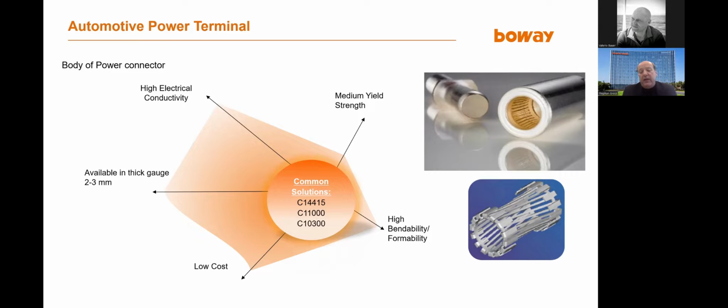Especially due to the weight, the cost item is extremely important. Otherwise, this is driven by conductivity and much less by strength or formability. Sometimes in the contact zones, due to the high current, we even find temperatures up to 200 degrees C. Again, relaxation is the key then for the inner spring.